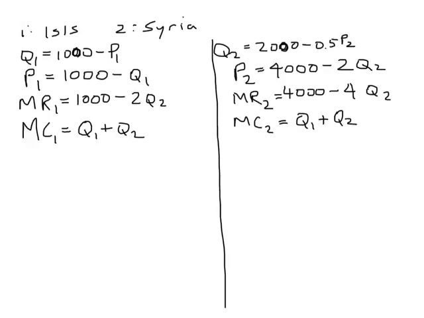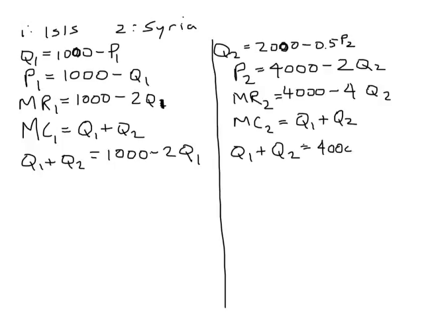So we can then go to, in both markets, Q1 plus Q2 is equal to 1,000 minus, oh, that's supposed to be 2Q1. I see I made a little typo there. 2Q1, and Q1 plus Q2 is equal to 4,000 minus 4Q2.